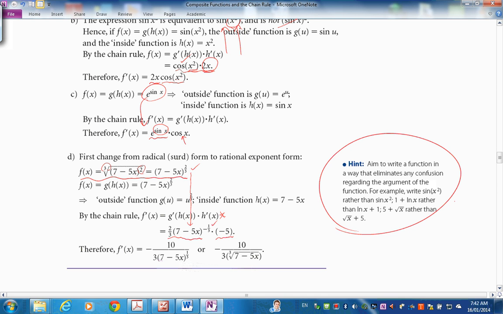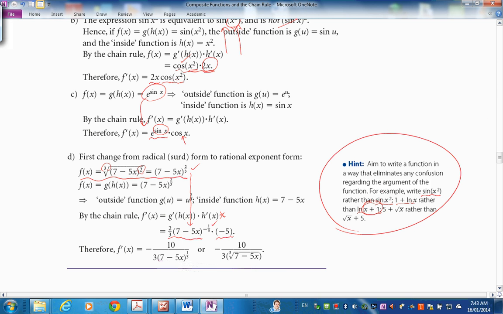Interesting comment here from Pearson's. Aim to write a function in a way that eliminates any confusion regarding the argument of the function. So sine of x squared, in brackets, rather than sine x squared. 1 plus ln x rather than ln x plus 1, so you don't think somehow that the 1 is involved in the x term.